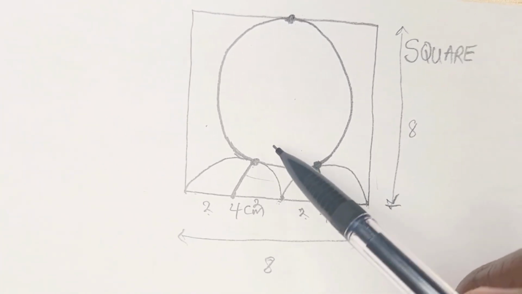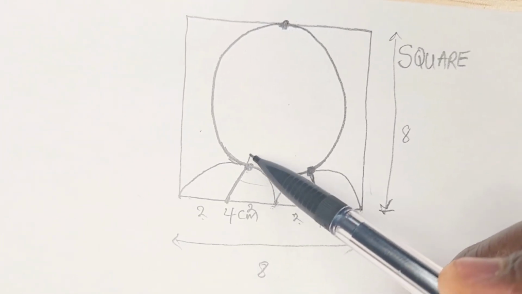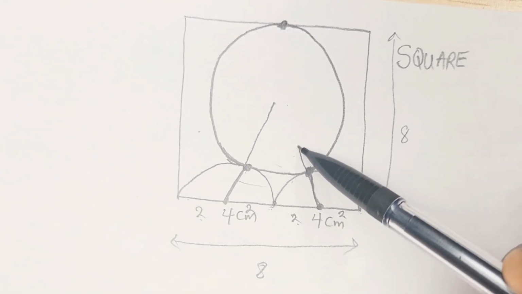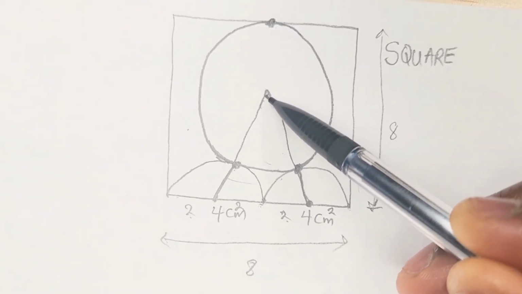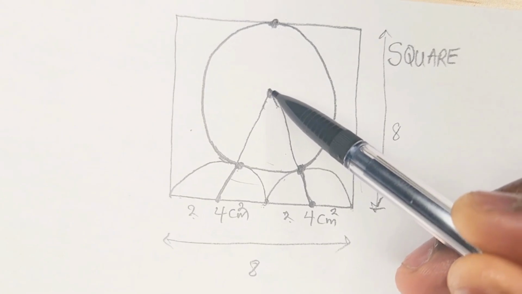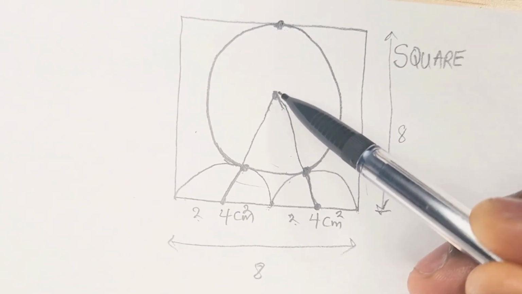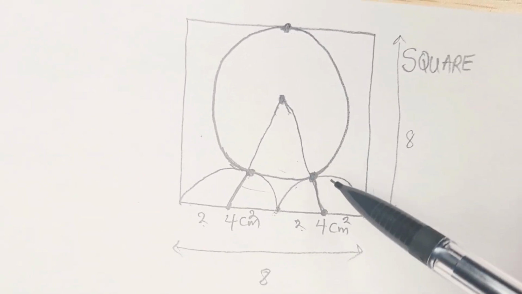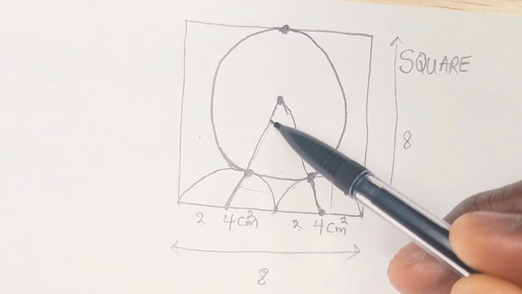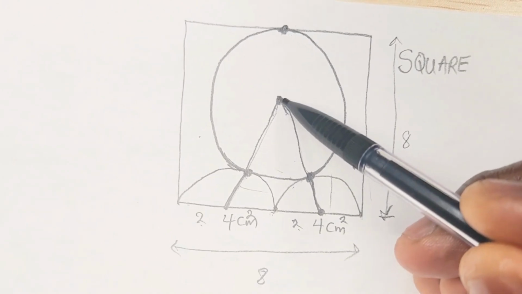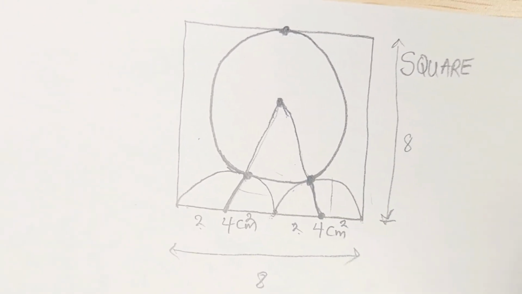Now we're going to try to extend this line, both lines. Wherever they meet is going to be the center of this circle. It's not drawn to scale, but since they are tangent lines, where they meet is the center of this circle.